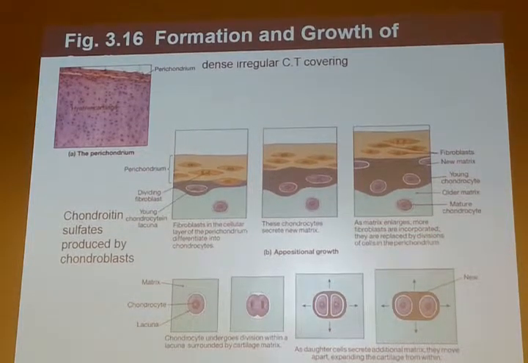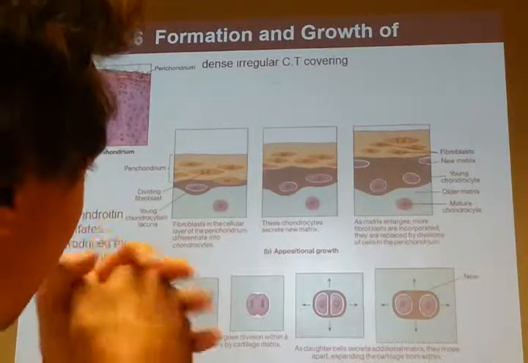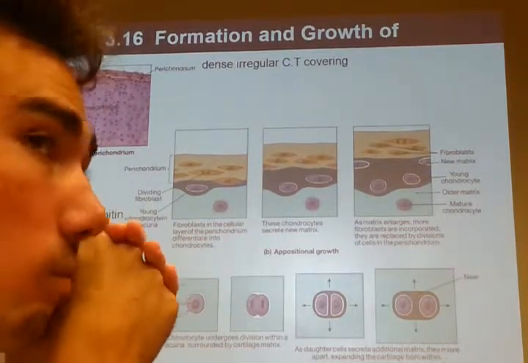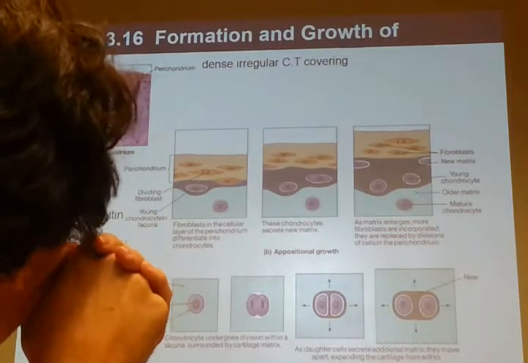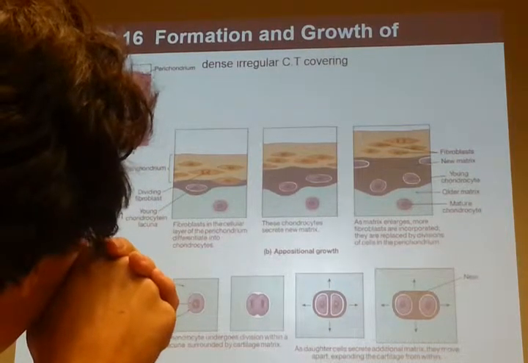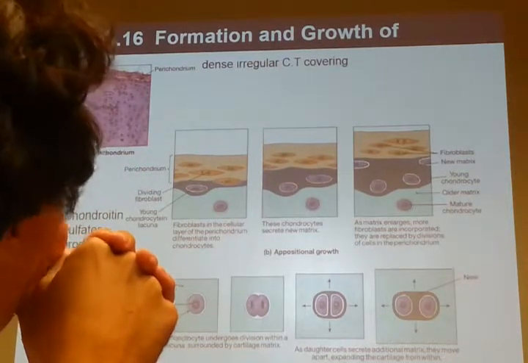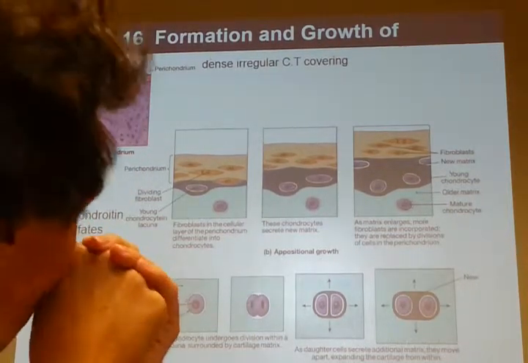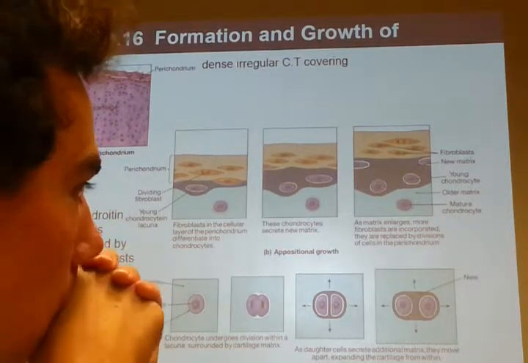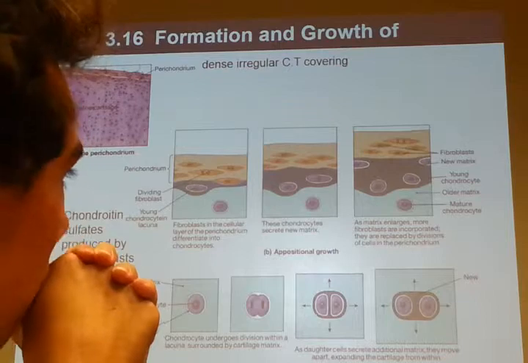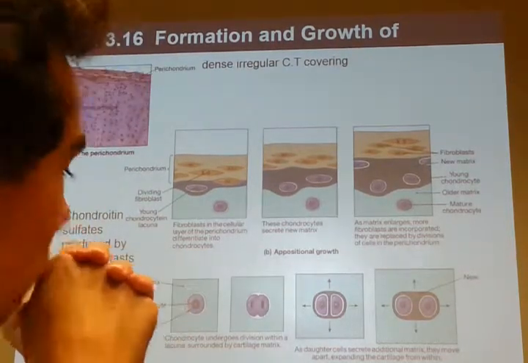We talked about periosteum, that's around the bone, but you have perichondrium as well. Perichondrium allows for blood vessels to be next to the cartilage, but no cartilage ever has blood vessels in it. So any nutrient that goes to cartilage has to go in by diffusion.